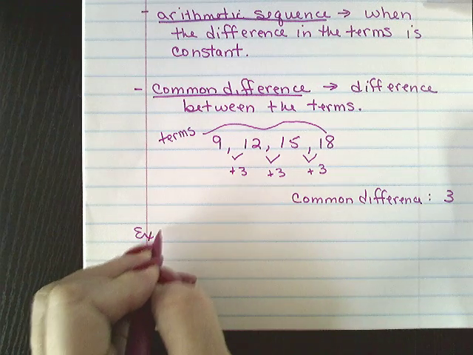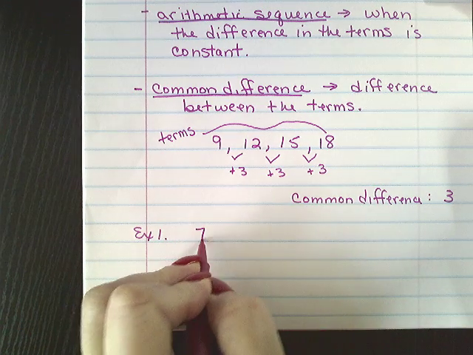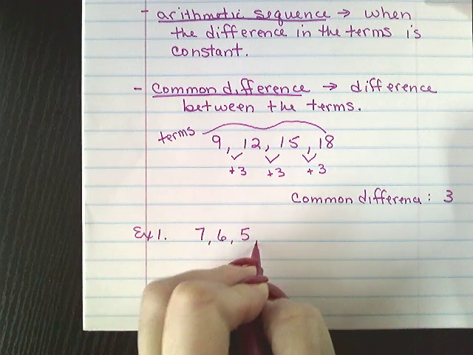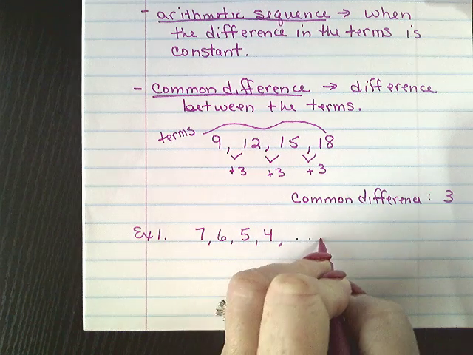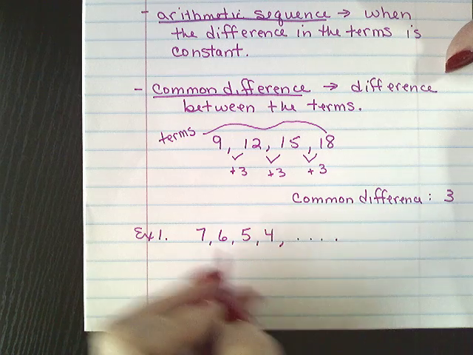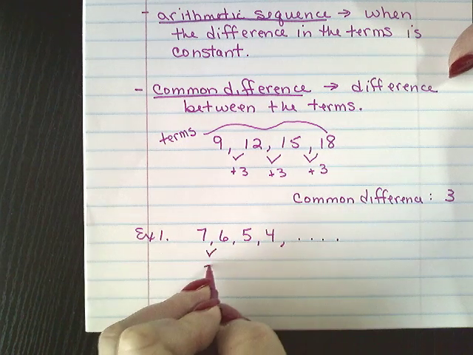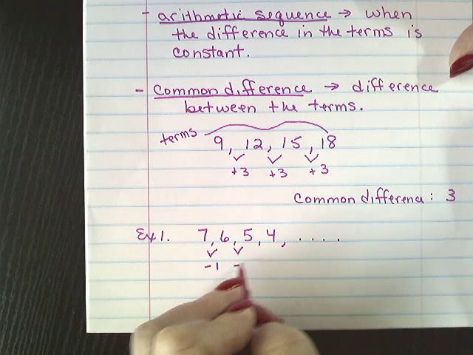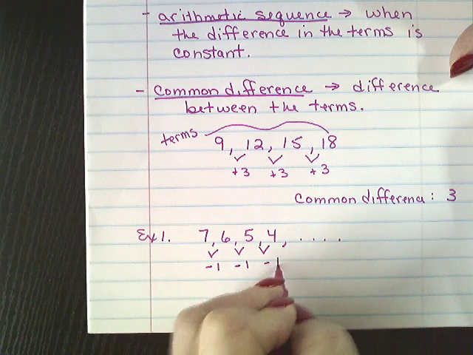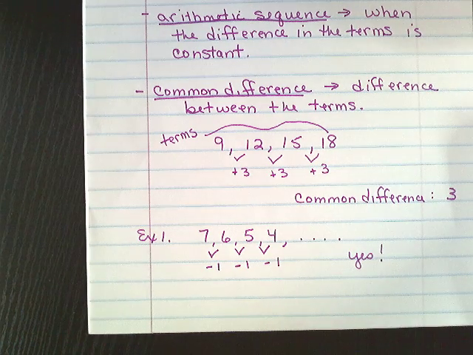So we'll do example 1. 7, 6, 5, 4, and it keeps going on and on. First of all, find your common difference. Minus 1, minus 1, minus 1. So yes, this would be an arithmetic sequence.